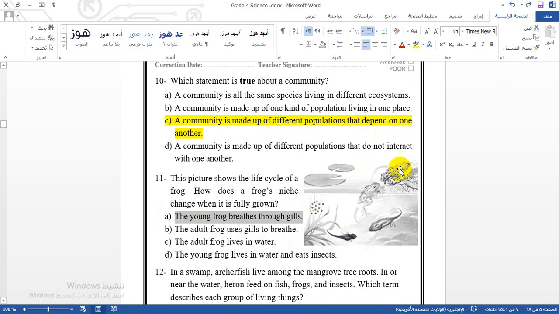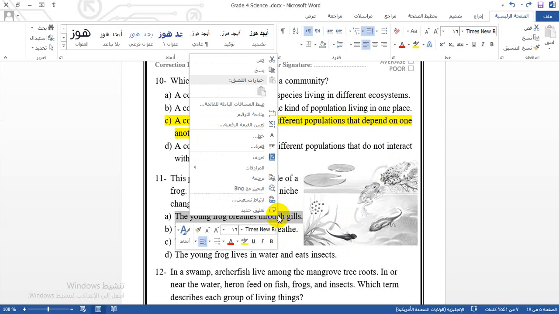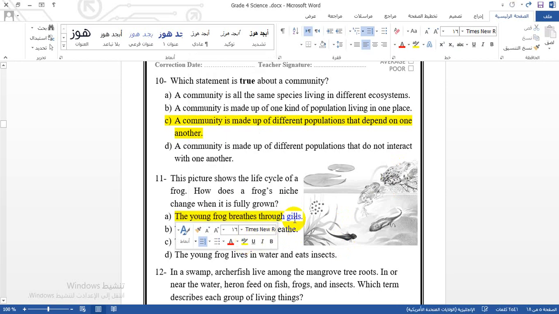Okay, the young of the frogs. The young of the frogs are what exactly? They are the tadpoles. They breathe by what? By the gills. By the way, we solved it maybe by mistake in the booklet, if you remember that. I think in the booklet we selected letter D, so we have to change it and select letter A. It's more correct about the frogs here, because the young frogs mean the tadpole.